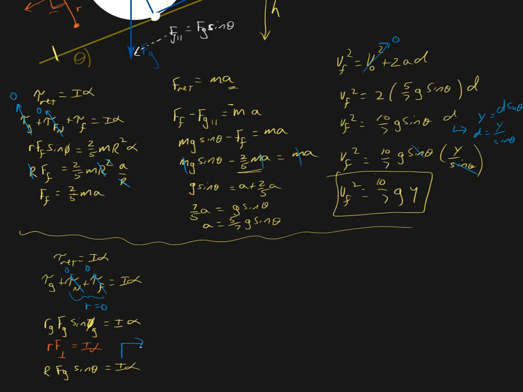All right, now I is not going to be 2/5 mr squared. And that's because our axis of rotation is through the point of contact, which is at the edge of the sphere.